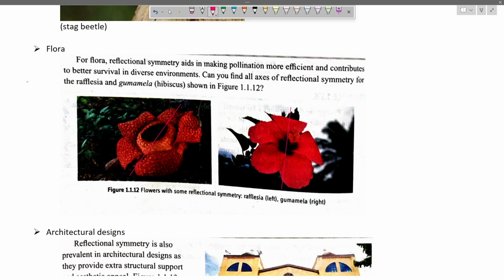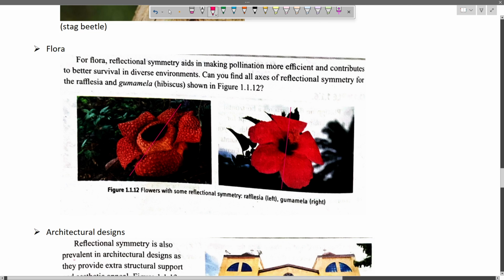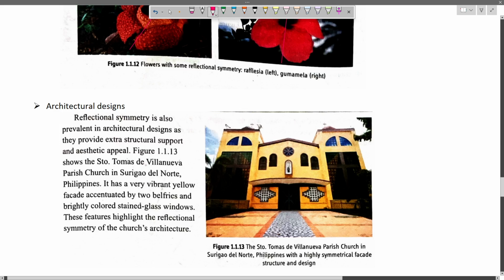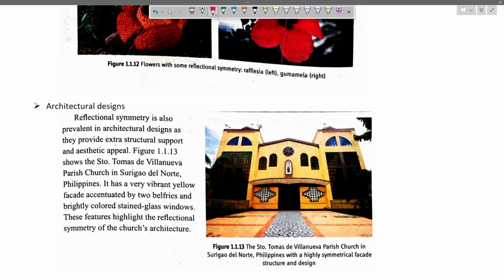Architectural designs, reflectional symmetry is also prevalent in architectural designs as they provide extra structural support and aesthetic appeal. So as you can see here, we have this church in Surigao del Norte that shows perfect reflectional symmetry.